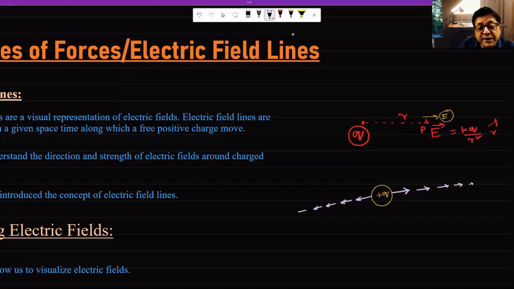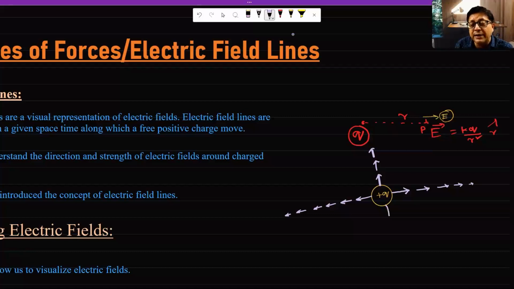It is symmetric. And I am not taking many field lines or many directions, because the number of field lines actually depends on the amount of charge, and we don't know how much charge is there.